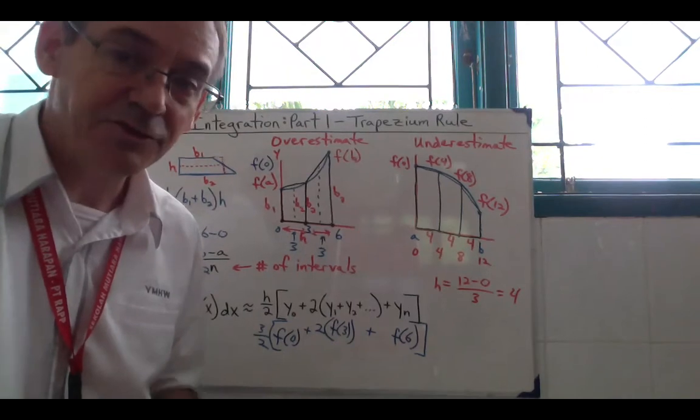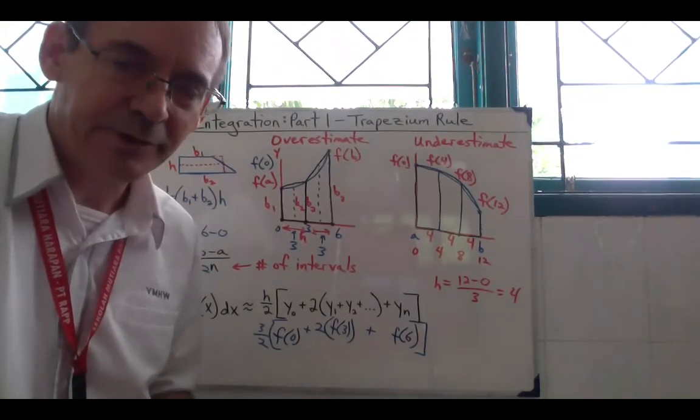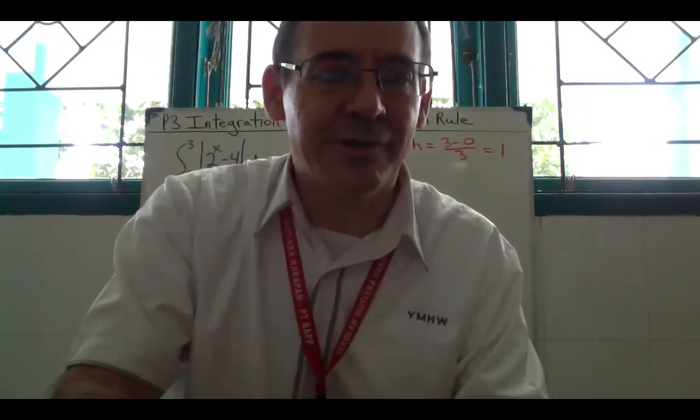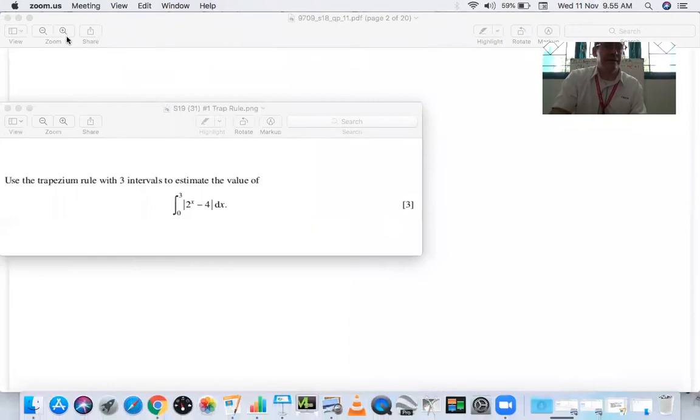Let's jump into some actual Cambridge questions. Okay, let's look at our first question here. Let you look at it on screen. So notice it says use the trapezium rule. So again, you don't have to worry about actually thinking of what method to use. They're right up front.